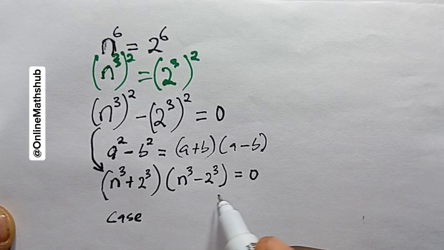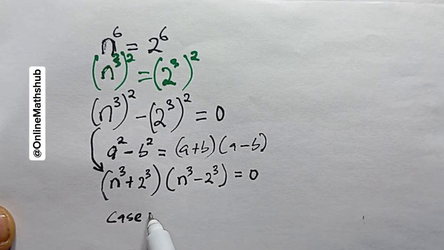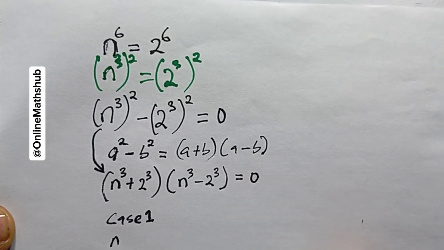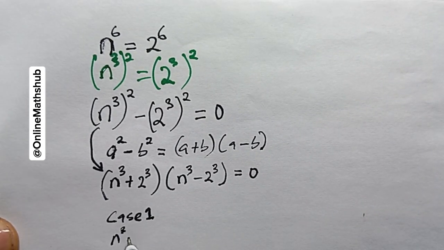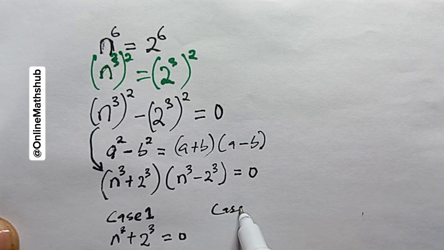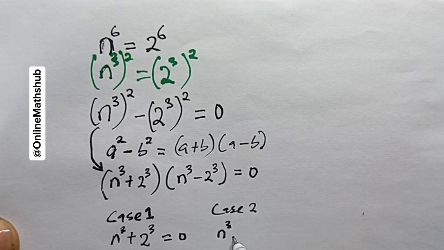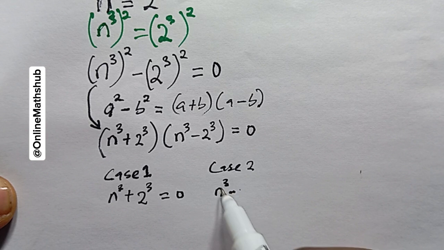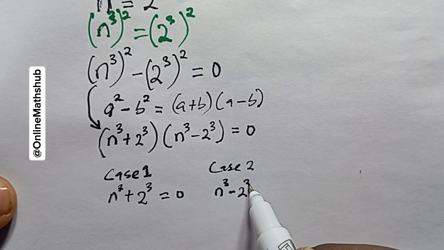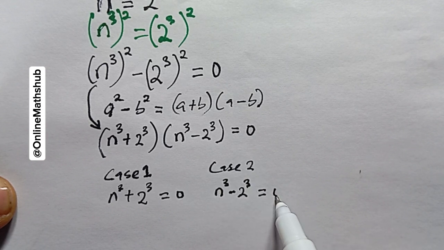For the product of these two terms to be equal to 0, either case 1: n power 3 plus 2 power 3 is equal to 0, or case 2: n power 3 minus 2 power 3 is equal to 0.